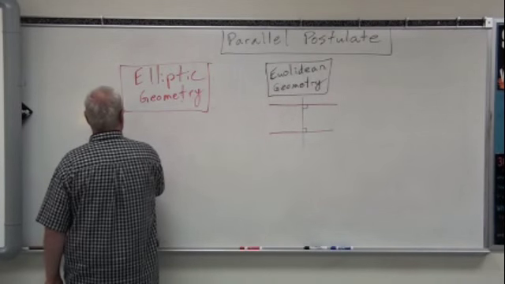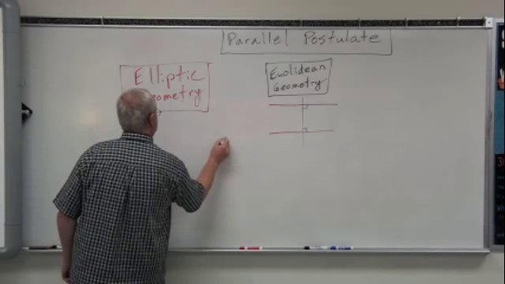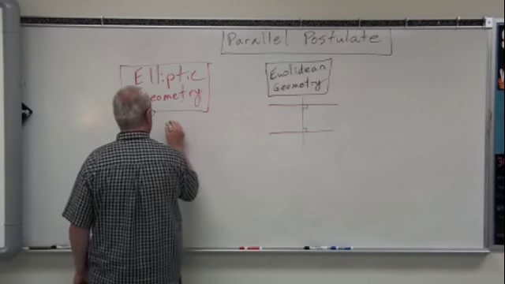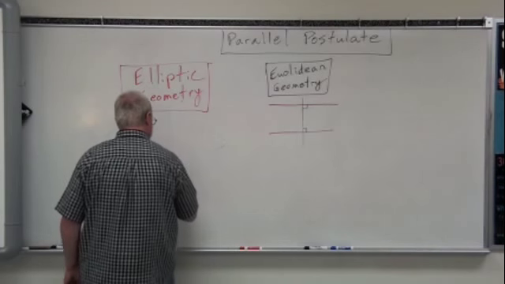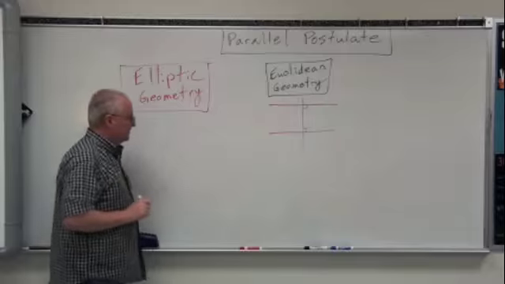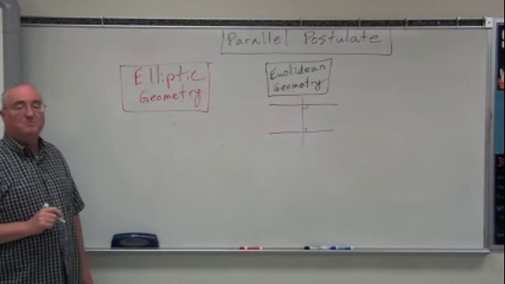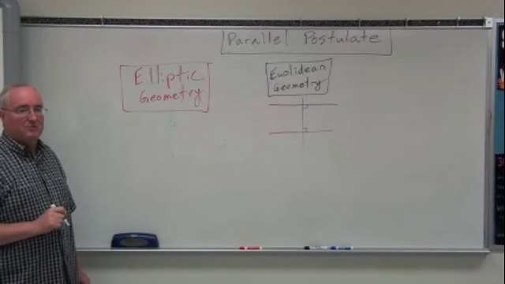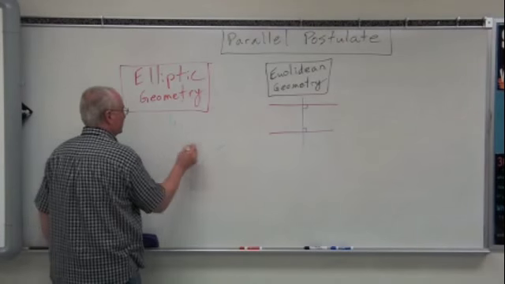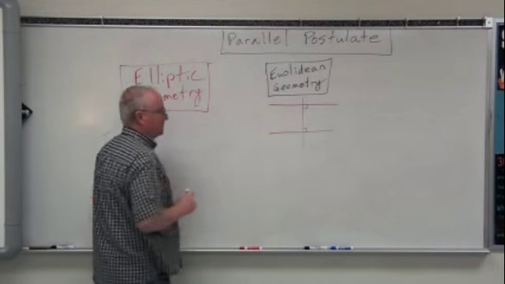If we have two lines, because elliptic geometry looks like this, we can intersect those two lines at points with a third line where it is perpendicular. The third line is perpendicular to those two lines, and those lines are always going to meet.